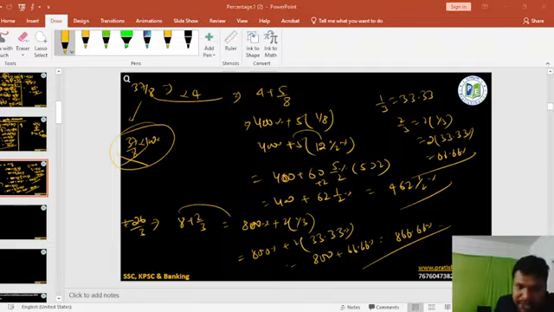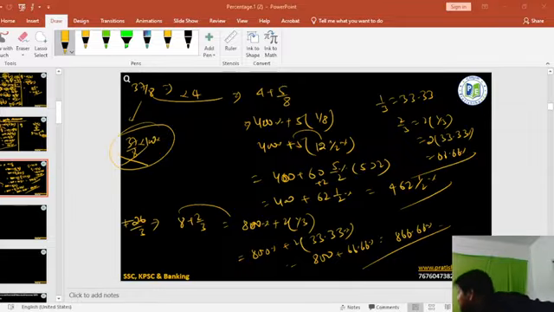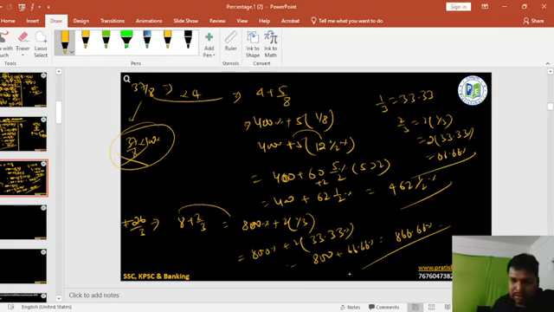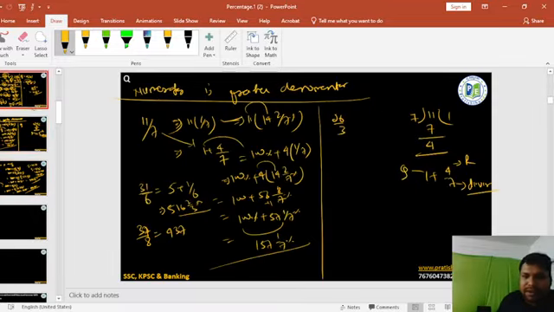Finish it till here. Okay, you are asking about mixed fraction. 33 and 1 by 3%, that is the mixed fraction.